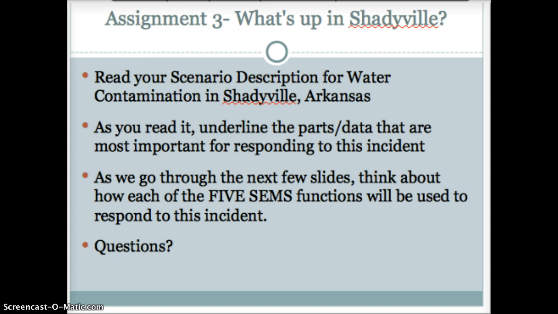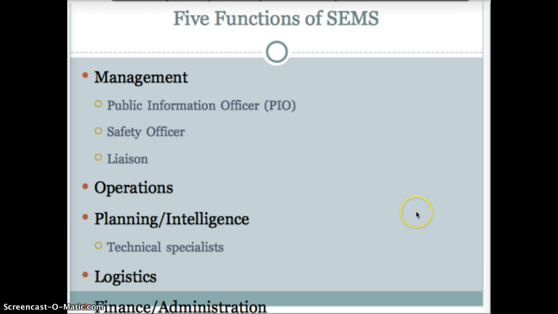So we're going to look at the 5 functions a little bit more in depth. They are the management, which will have a public information officer. This is the person who will be your information inflow and outflow person. This will be the person who will talk to the press.